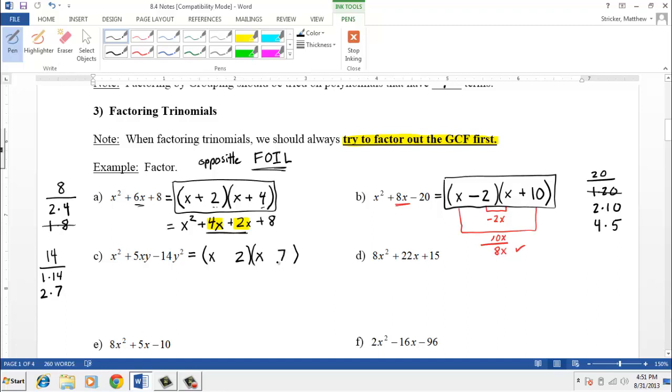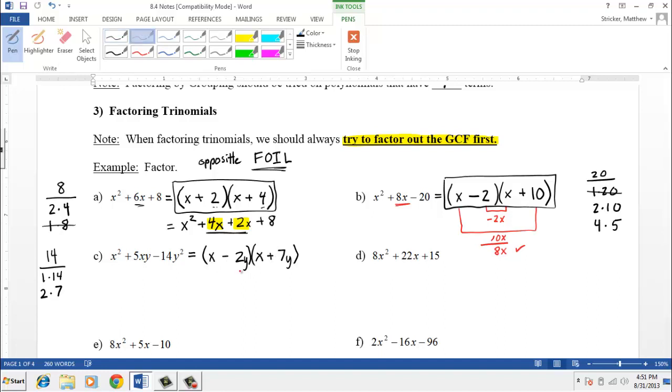But 2 times 7 only gives us 14. We also have a y squared. So we also need to include here a y and a y, because 2y times 7y is 14y squared. Now, we also need to keep in mind that these two numbers need to add to give us 5. And if that's the case, we need a positive 7 and a negative 2.